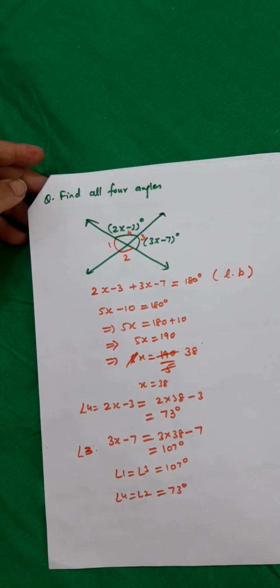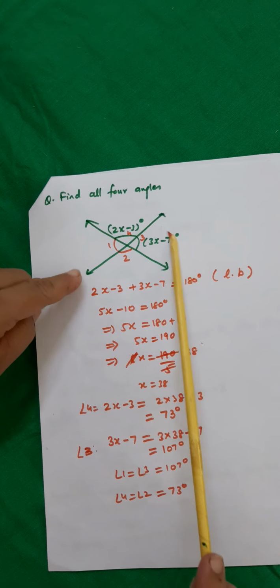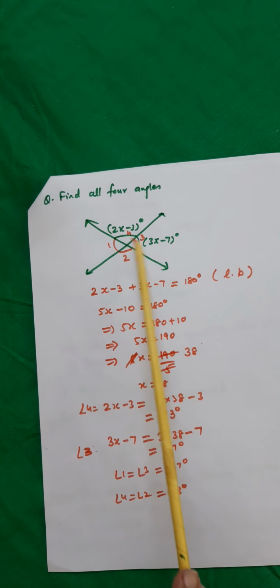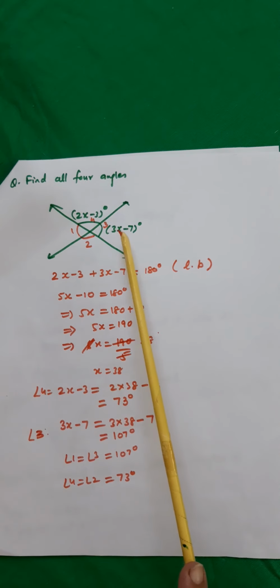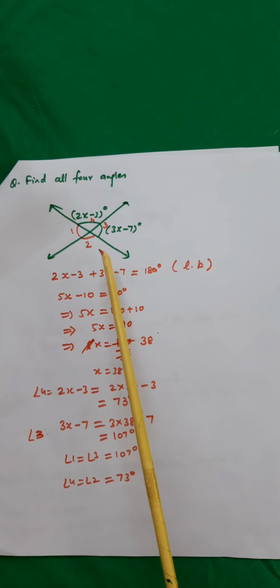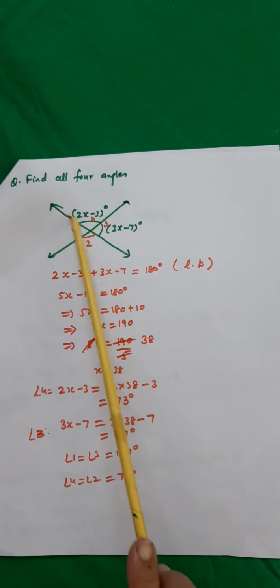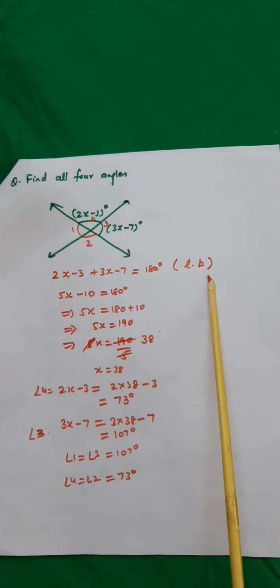Next question. Find all the 4 angles. Now 2 lines are intersecting and 4 angles are formed here. Measures of these 2 angles are given and they want you to find the value of x and then all the angles. Which properties can be used? Here first of all I notice that they are lying on a straight line, so I can use the linear pair property.